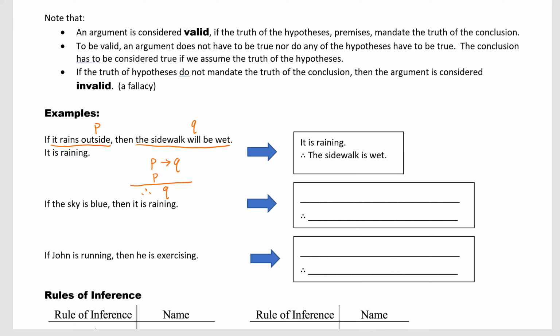Next, if the sky is blue, then it is raining. In this case, P is the sky is blue, and it is raining is Q. So P implies Q. If the sky is blue, this will imply it is raining.